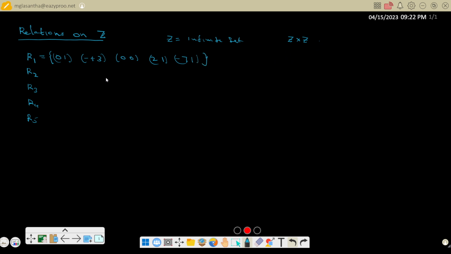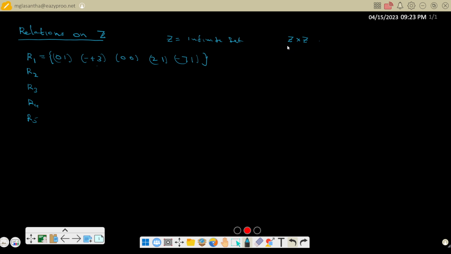This is an infinite set, but here we are defining a relation. Yes, it is an infinite set, but a relation can be defined so that it is finite. So this is a finite relation defined on an infinite set.